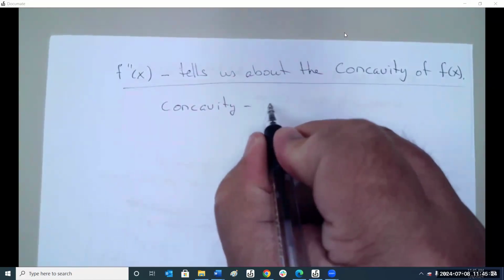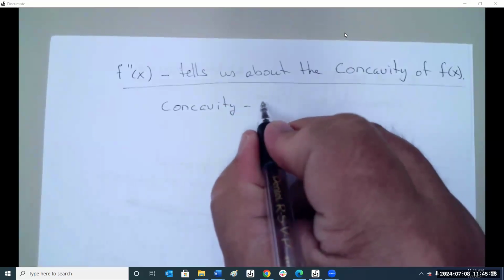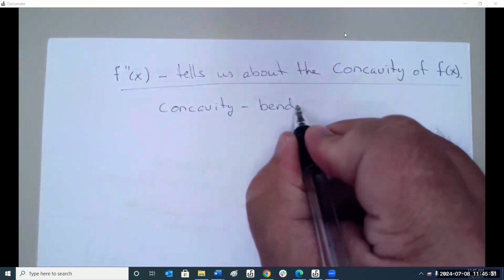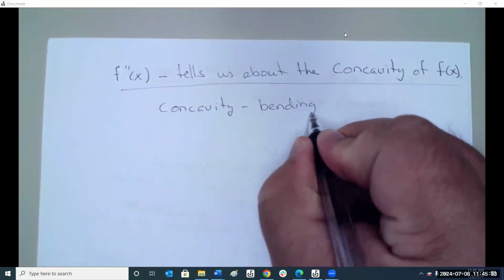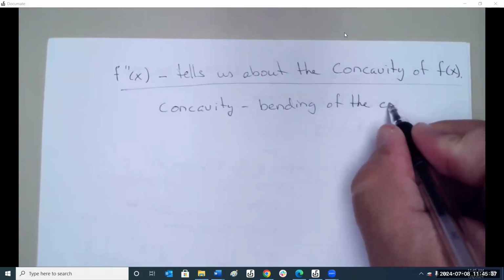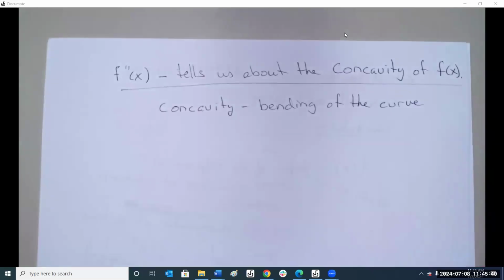Concavity is basically the bending of the curve.